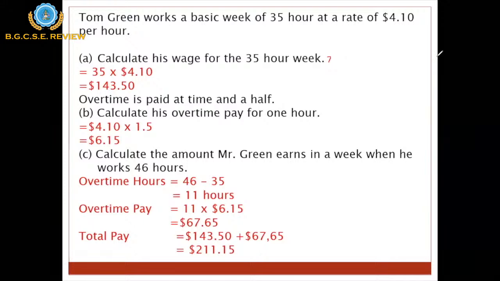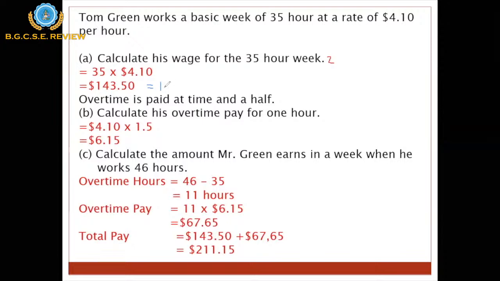I'm going to change my pen. And let's say I did this first step properly, but my second step, I wrote 130. I could actually use the typing thing. Let's do that. So let's say for the second part of this answer, instead of writing 143, I wrote 134.50.